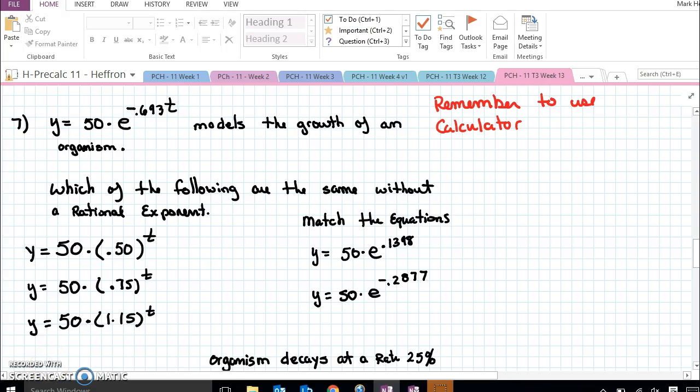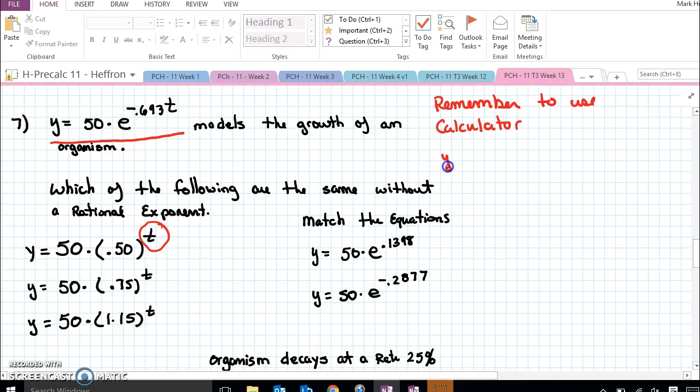First of all, you've been asked, if you've got this equation, which one of these others without any fractions or decimals in the exponent is it equal to? Well, remember to use your calculator.